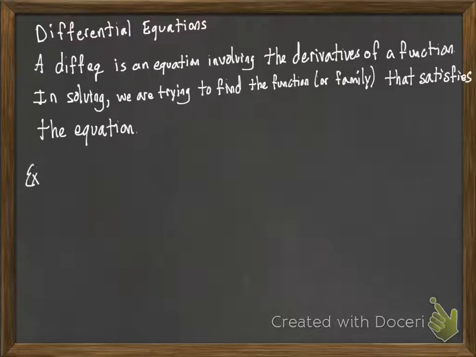So, we begin with an example. Our equation, let's say, is dy dx equals 7x cubed. So the derivative is 7x cubed. We want to figure out what the function would have to be. So it turns out what we're going to do is we treat that dy dx as if it's an actual fraction that we can break up.